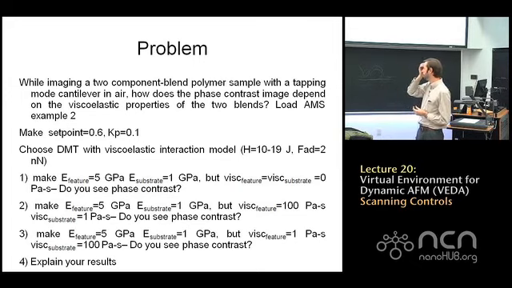So what we want you to do is load example 2 from the drop-down menu, then make a couple of changes. You're going to use the set point and controller gain. Choose DMT interaction model, and then make 3 different runs with different properties, and see what happens.